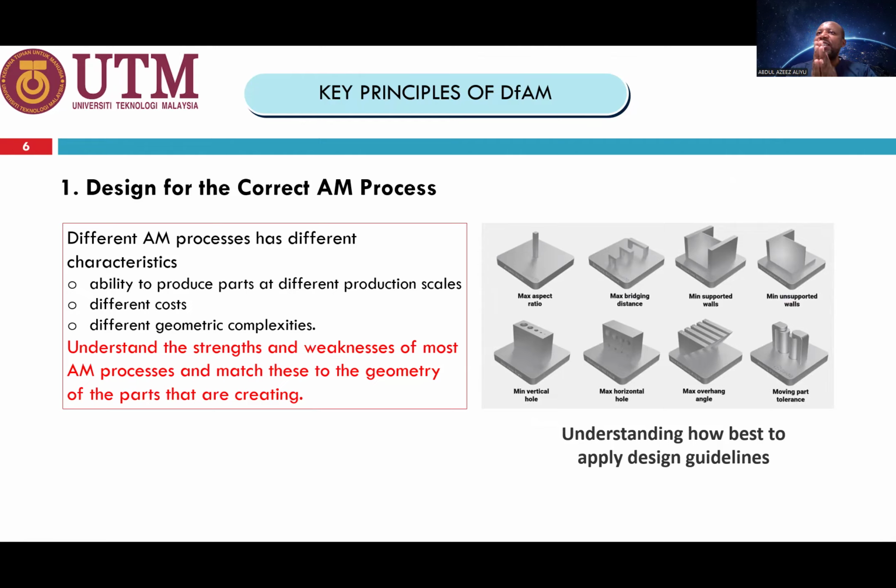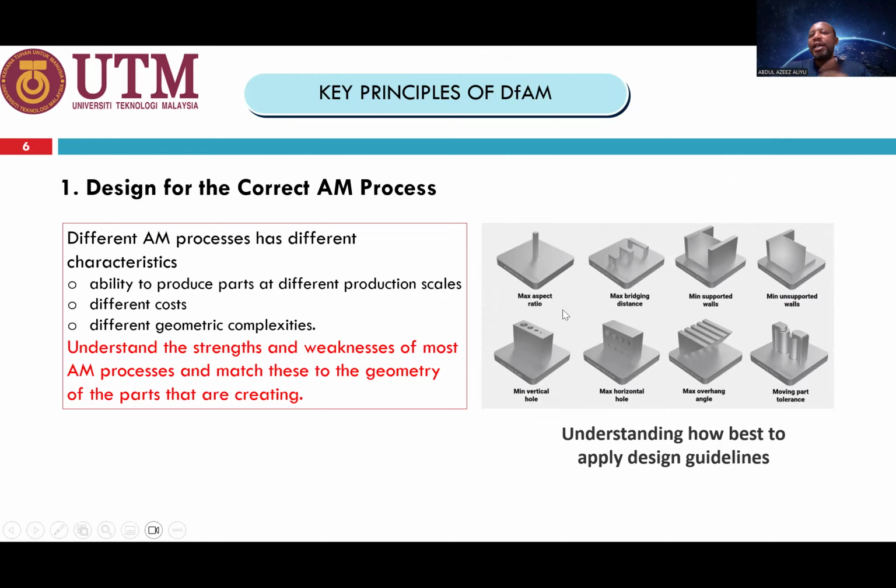So you need to select the best process that will give you a certain product at different production scales, at different cost, and also different geometric complexities. So you need to understand the strengths and weaknesses of various AM processes so that you can realize the geometry of the parts that you want to create or produce.